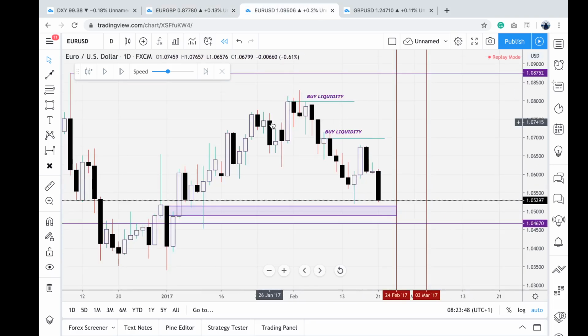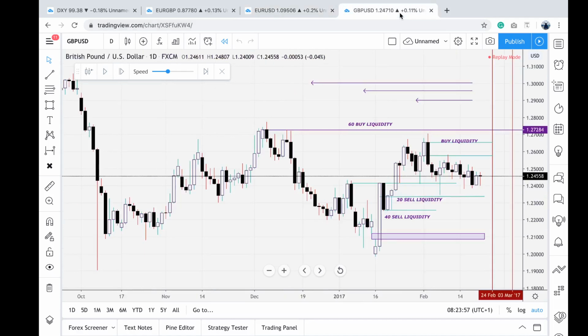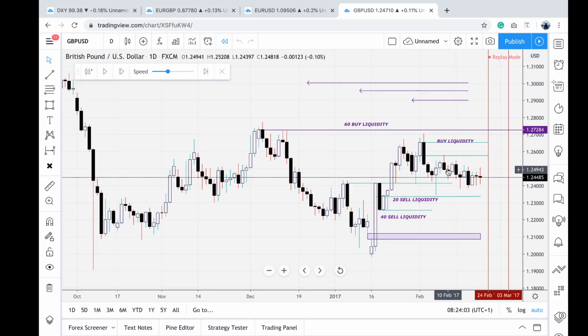Euro dollar, let's see what euro dollar actually does. Euro dollar taps a level precisely. British pound dollar, nothing really to reference. Range.